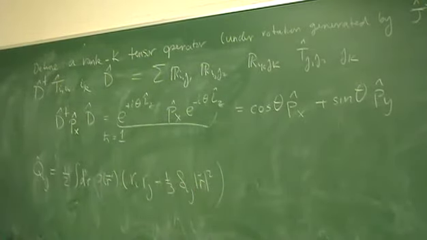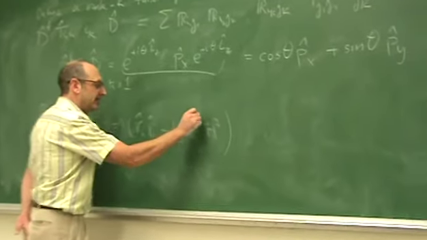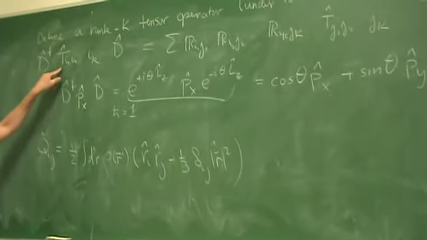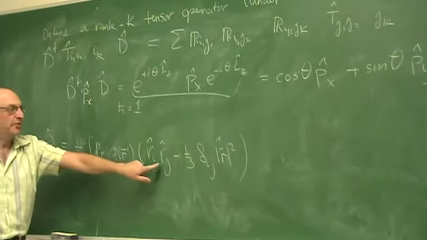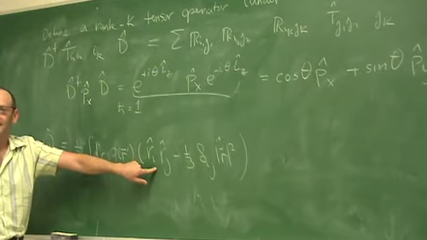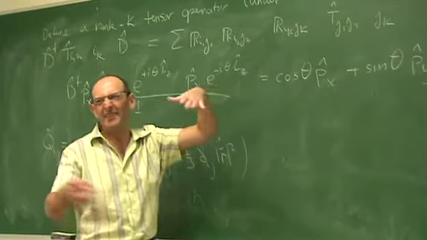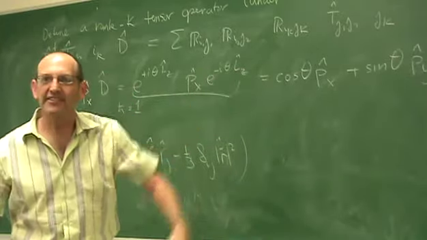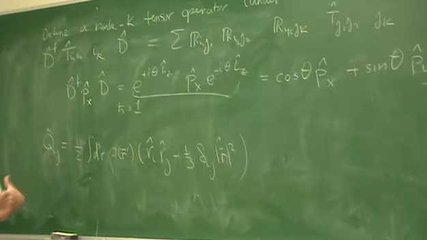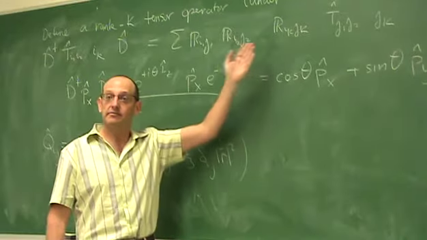This is the quadrupole tensor. Now I can call this an operator. If I put this operator through here, then I would rotate each one of these. I'm not going to write it out, this is a giant mess. But the new components would be related to the old components through this transformation.